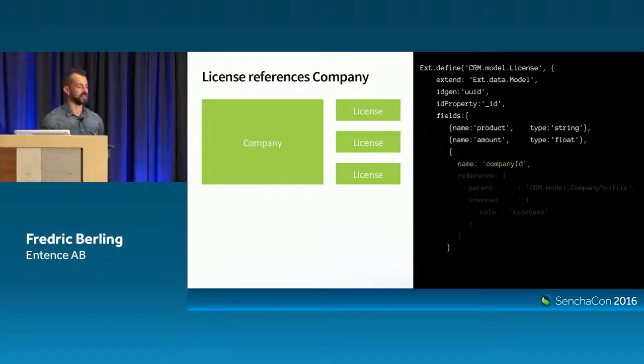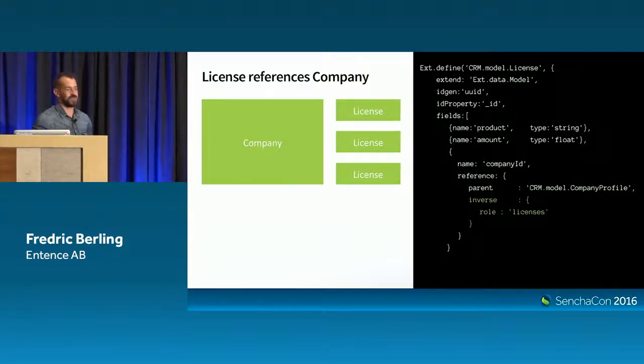So it starts by creating a field in the license model. We name it companyId, and that will probably be the foreign key you're using in your database, the companyId there on each of those. Then we add a reference config where we tell it that the parent model is CRM.model.CompanyProfile, our company model.